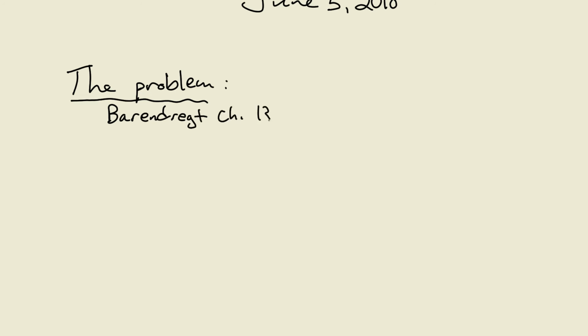So basically the problem comes from this fact that I did not look up, but is attributed, I've seen citations to Barendregt chapter 13. I didn't manage to look at that before this discussion. That there is no recursive optimal reduction strategy for beta reduction.